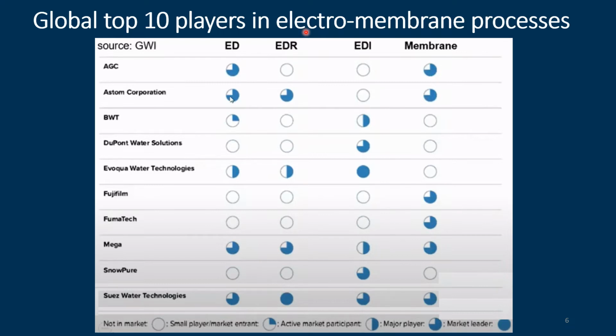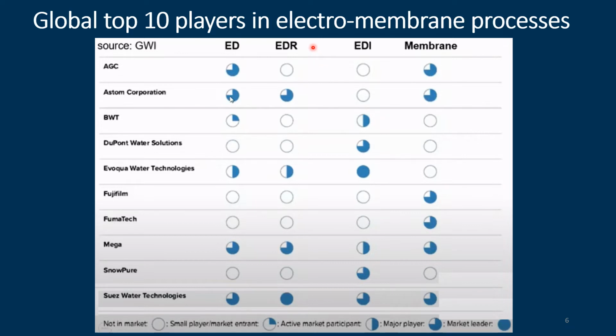EDR is electrodialysis reversal, which means they try to change the polarity, so that cleaning as well as some of the fouling issues can be reduced by this EDR technology. Also, they have relatively very high water recovery compared to electrodialysis because they are reversing the polarity.